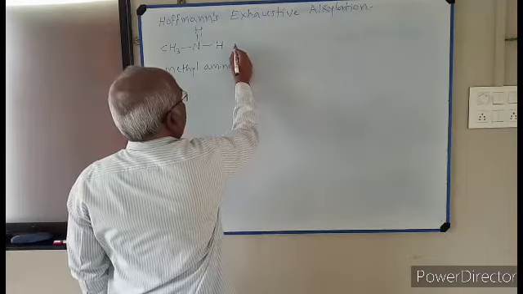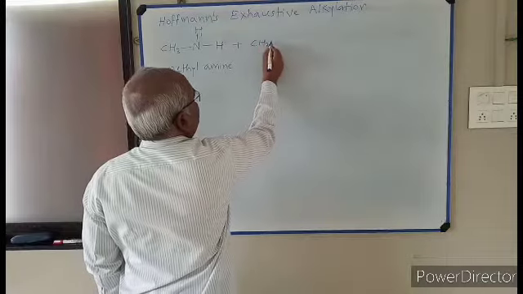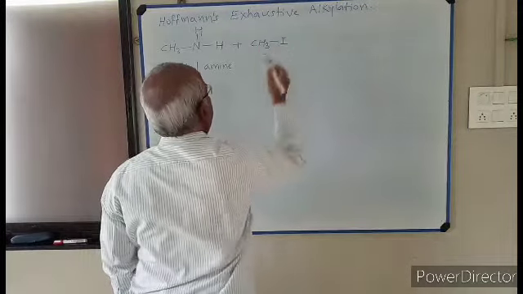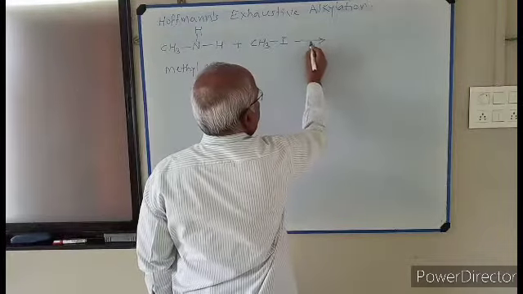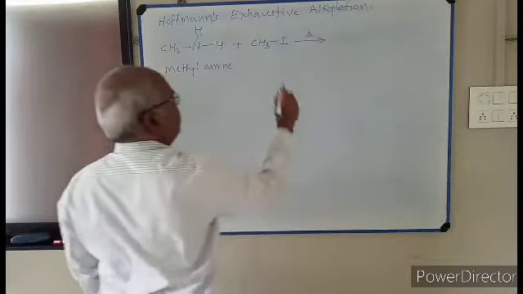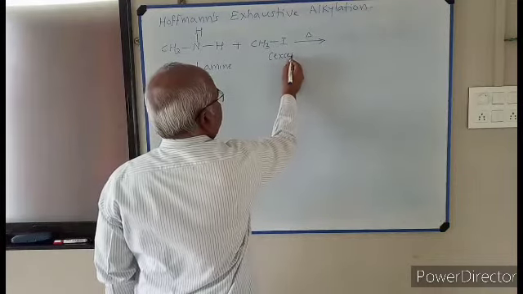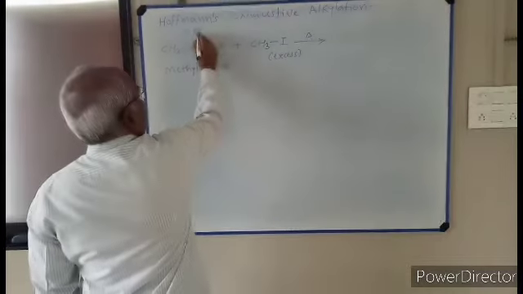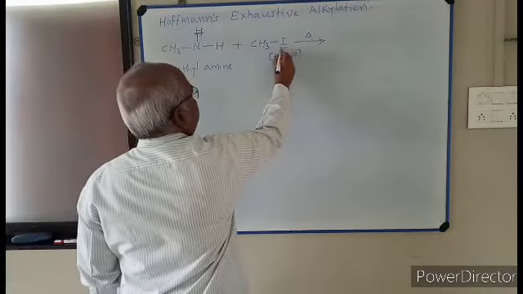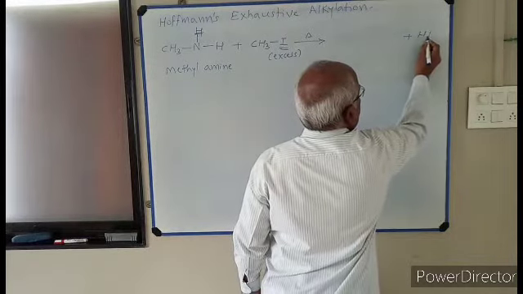If you want to carry out methylation, then the reagent is methyl iodide. Methylamine is heated with methyl iodide. Methyl iodide is used in excess. Hydrogen combines with iodine and the side product is HI.